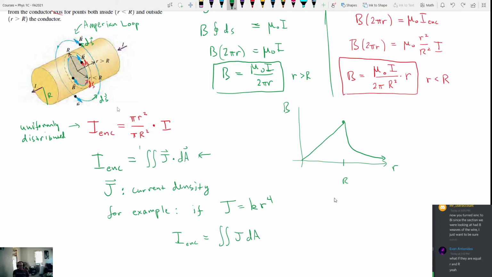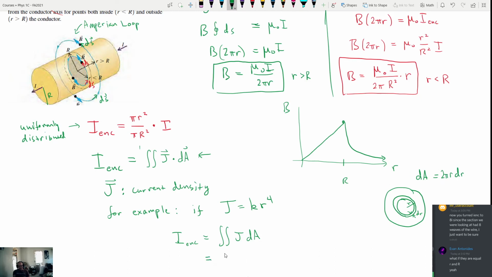Suppose that I've got my cylindrical conductor here, and I am looking at an Amperian loop that looks something like this. Then my dA is going to be a thin ring with thickness dr that has a radius r, which means that your dA will be the area of that little ring right there. And as you've seen before in this class, the area of that ring should be equal to 2 pi r dr.